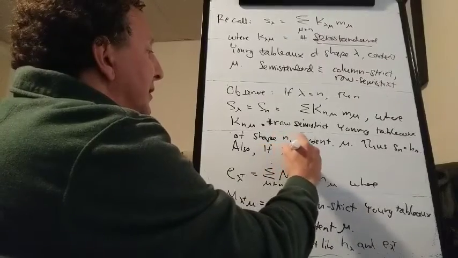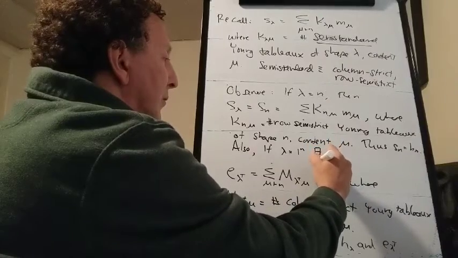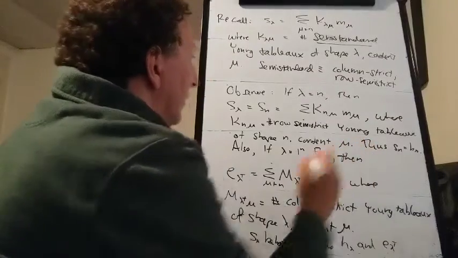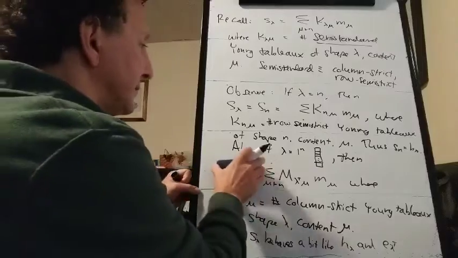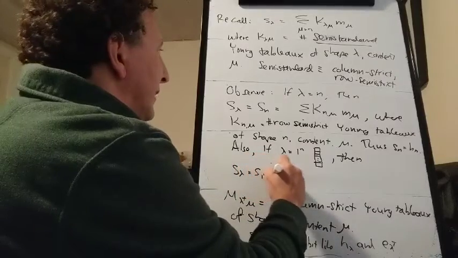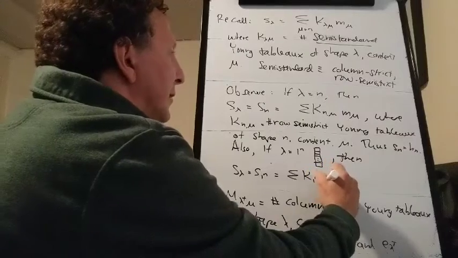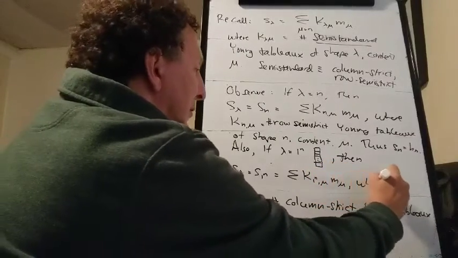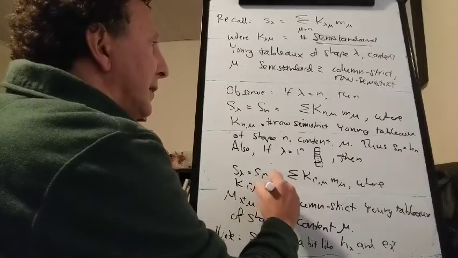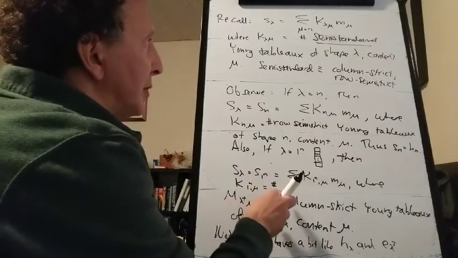Also, if lambda is 1 to the n, so n boxes in a column, then S lambda, which is S 1 to the n, is a sum of K 1 to the n mu m mu, where K 1 to the n mu equals the number of semi-standard Young tableau.